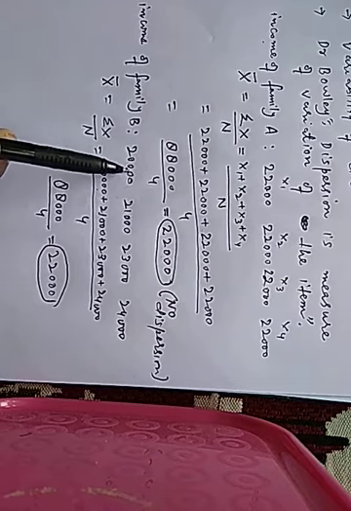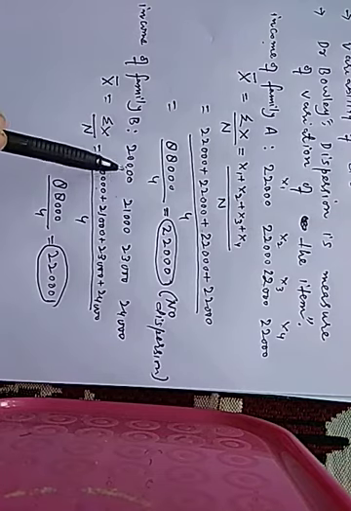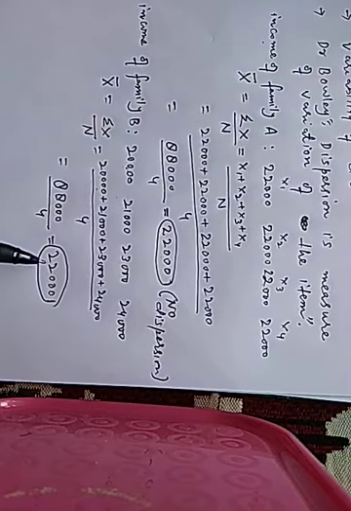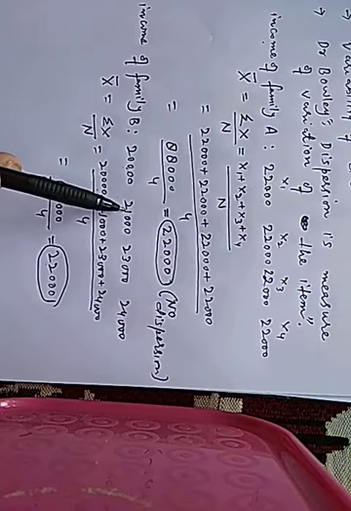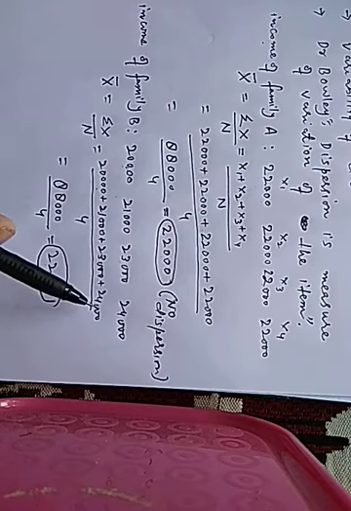These values differ. 20,000 varies from 22,000, 21,000 also varies from 22,000, 23,000 also varies from this value, and 24,000 also varies from this average income.